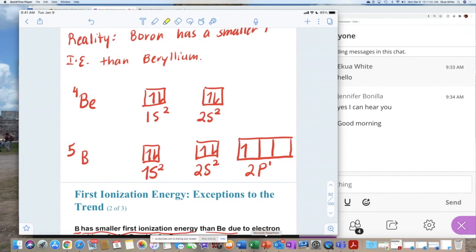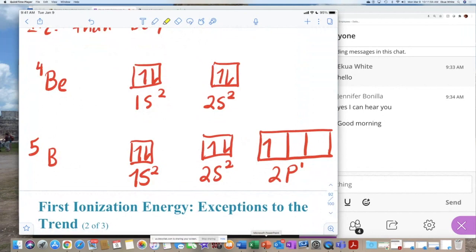So our goal here is to go find the last one that came in as we were drawing this based on all those rules. This is our last electron that came in. Poor electron, we're targeting it. This is our valence electron. In boron, where's our last electron? This one here.